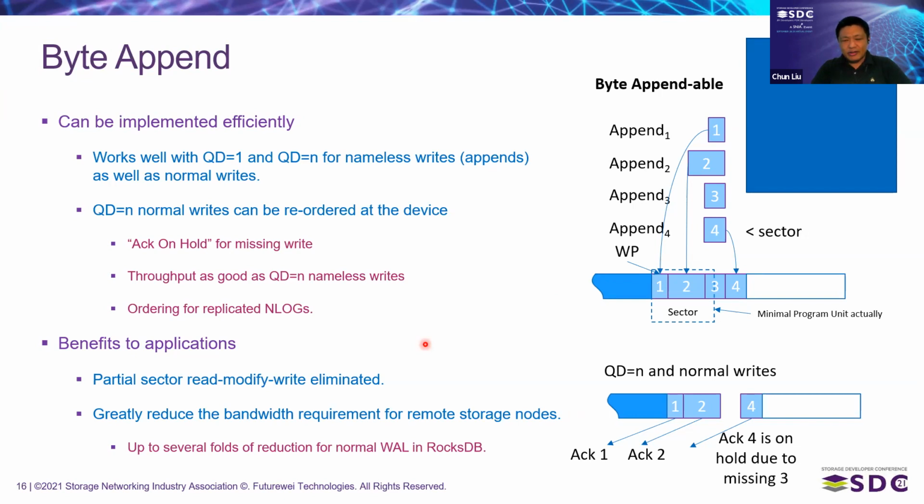Those appends are perfect for write ahead log, with up to several folds of reduction in WAL writes of RocksDB. These savings seem to be trivial in single device systems, but in a network environment, where the network bandwidth is likely to be the bottleneck, the benefit can be significant.